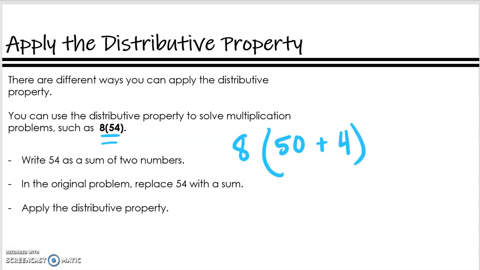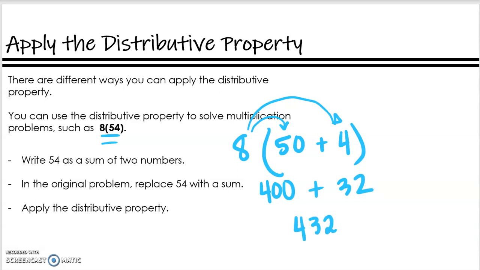I know that 8 times 5 is 40, so I'm going to add a 0 because it's 50. 8 times 4 is 32. Done. My answer is 432. There are a couple of different ways you could break this up, but the easiest way is to just have two addends like I did here.